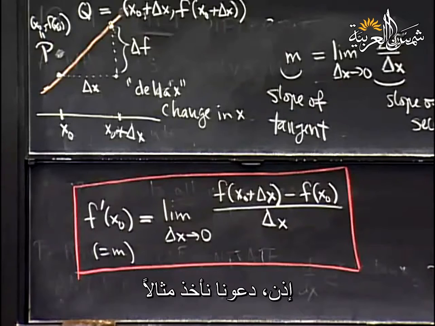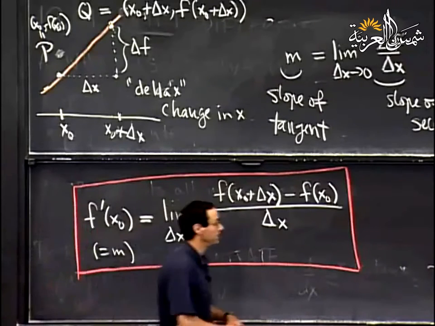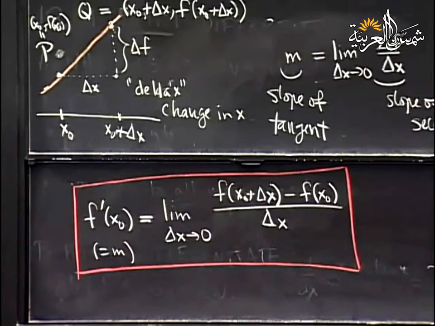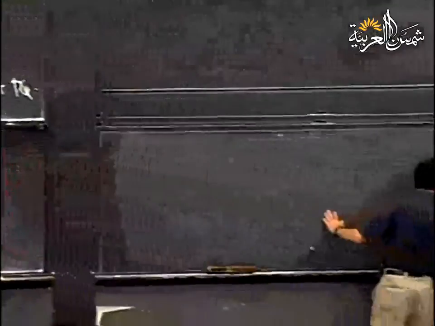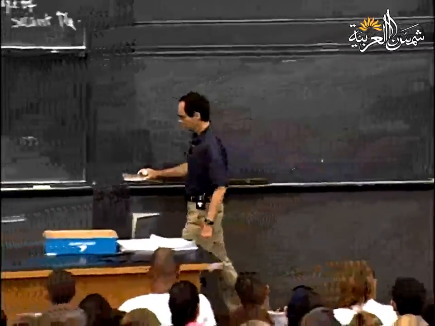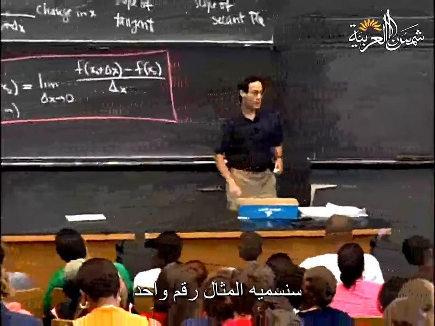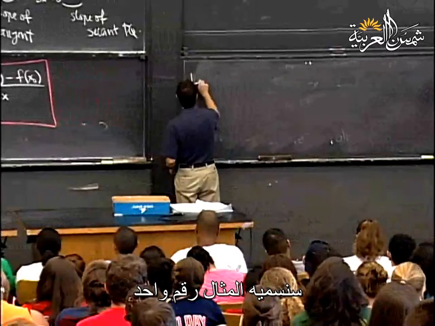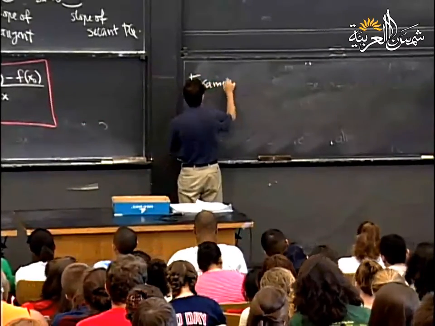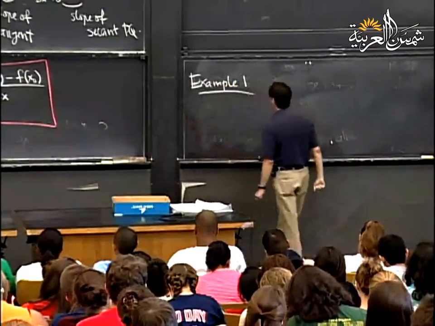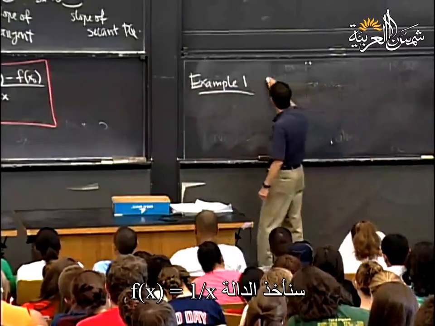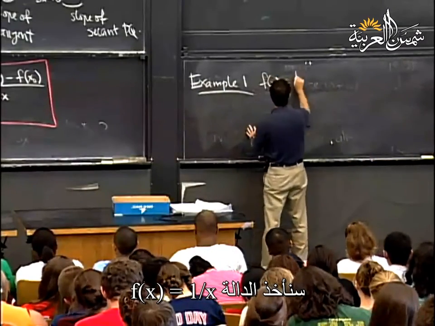So let's do an example. We'll call this example 1. We'll take the function f of x, which is 1 over x.